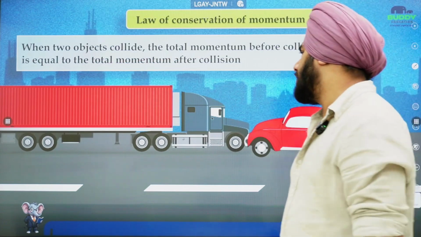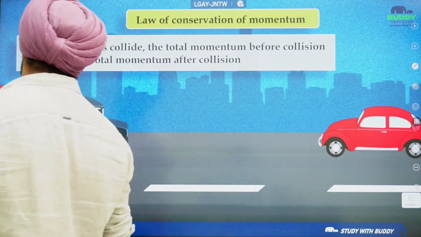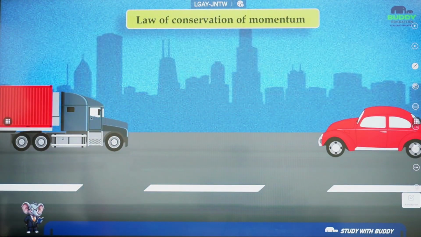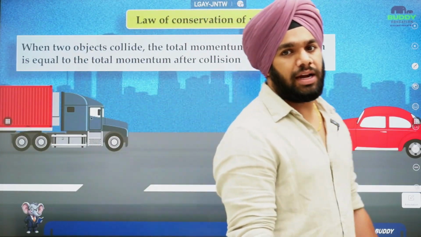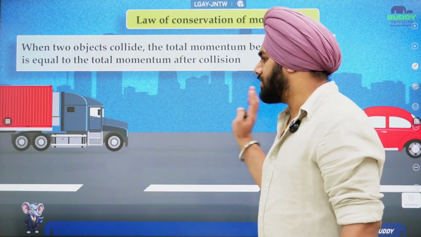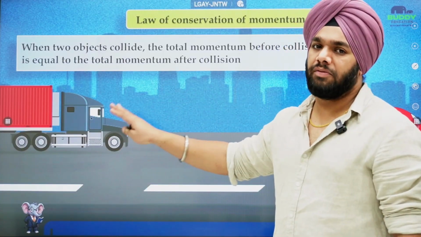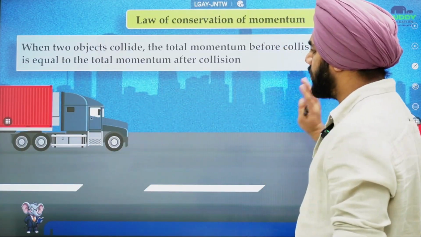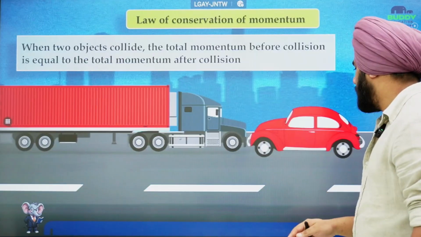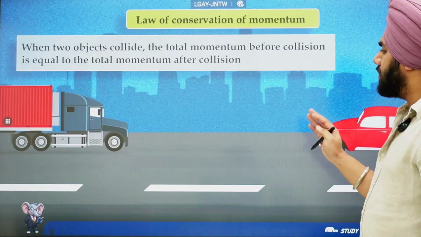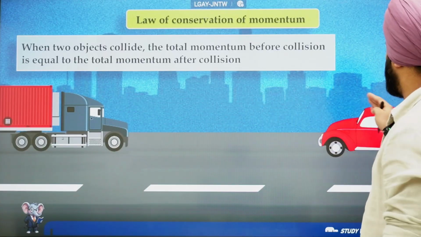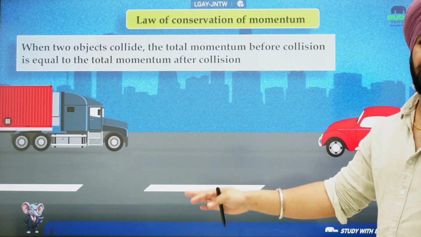This is very important to understand, what happens before the collision and what happens after the collision. This car and this truck are moving with velocities u1 and u2 respectively. So they collided. Now how did they collide? The truck was moving towards the car and the car was moving towards the truck.